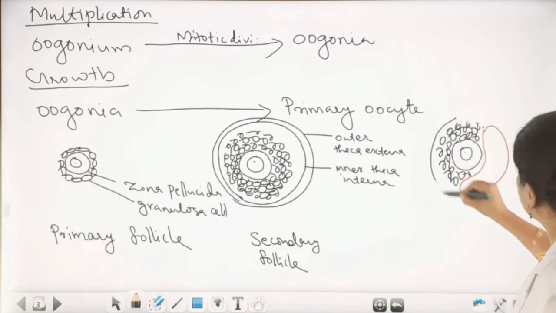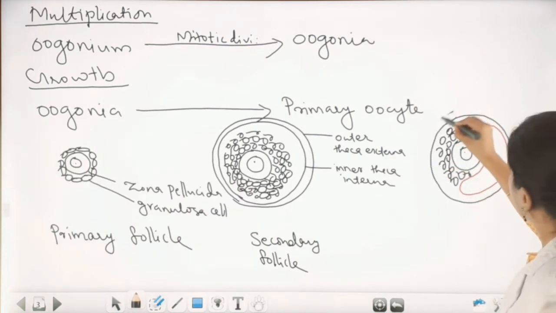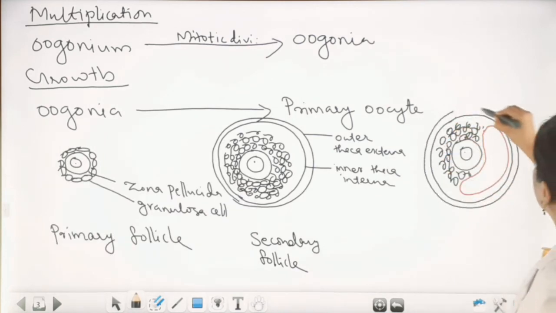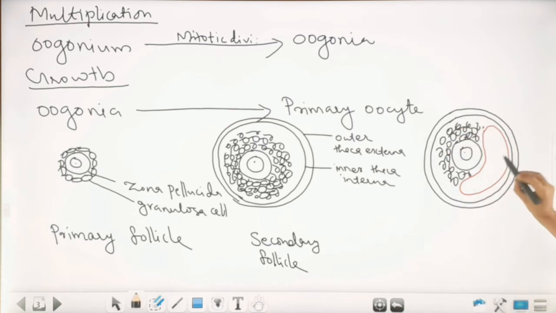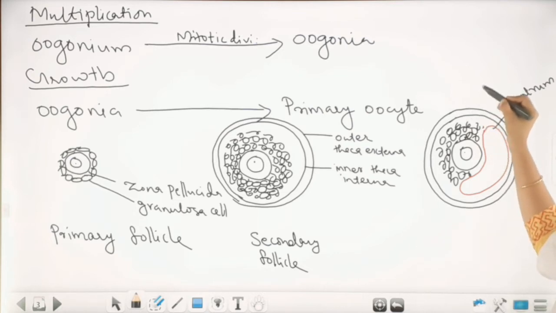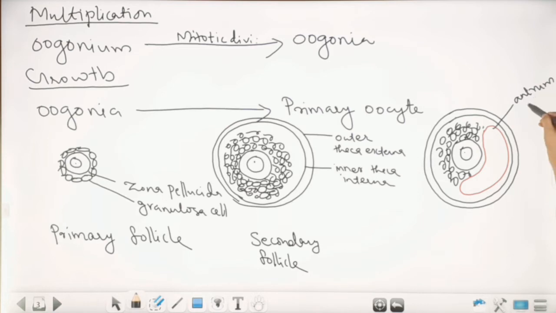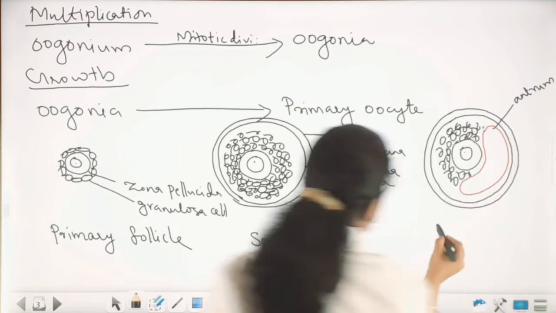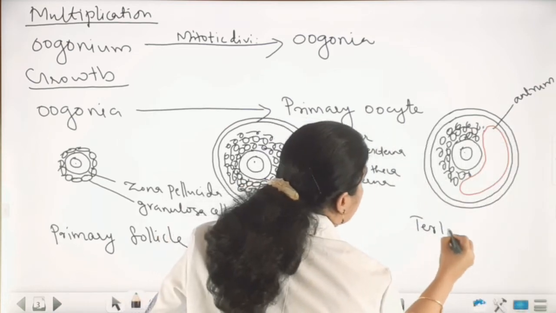Now we can see the theca, outer theca. Can you see one fluid filled cavity here? This fluid filled cavity is known as antrum. And the primary oocyte with several layers of follicles, theca, outer theca, inner theca, then antrum. Antrum is the fluid filled cavity, and this structure is known as the tertiary follicle.